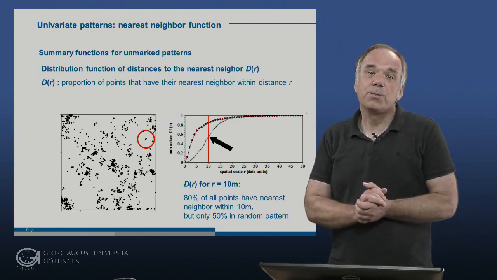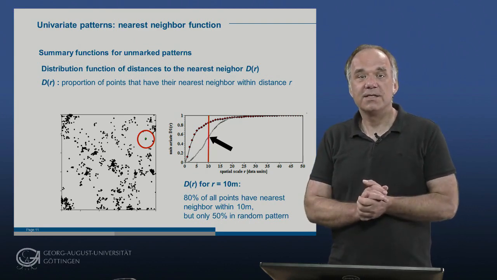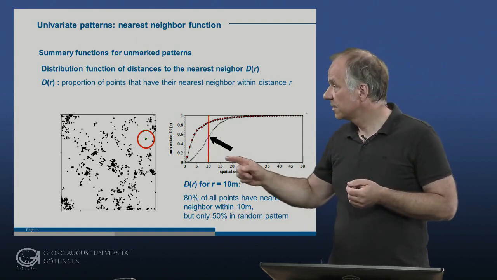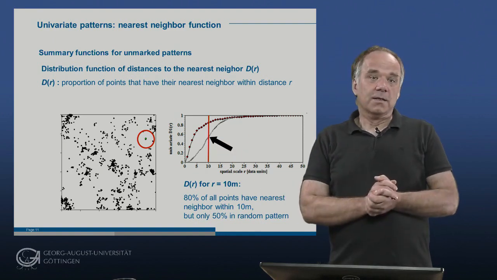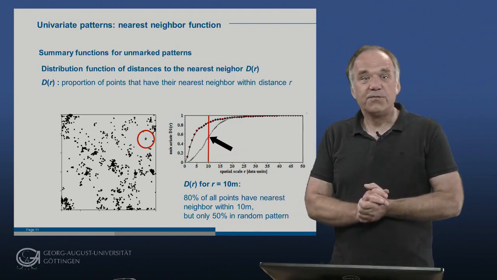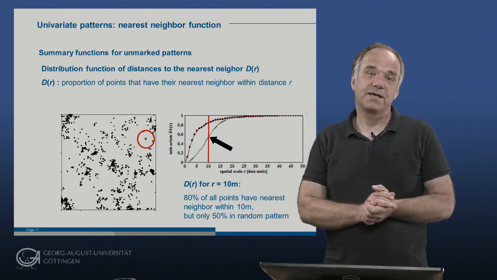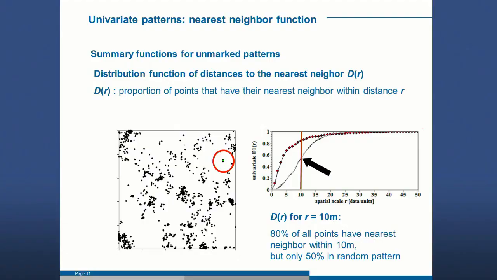Therefore, I also plotted for you a gray line that shows the nearest neighbor distribution function for the corresponding random pattern. So just look here at the gray line. If we use this information, we see that about 50% of all random points have the nearest neighbor within 10 meters. And of course, this is expected for a random pattern.